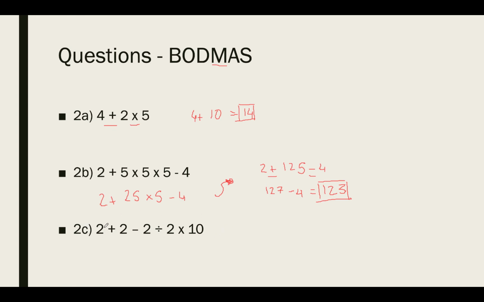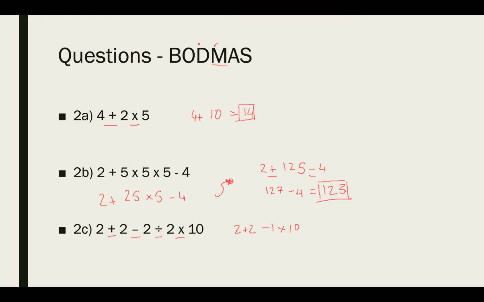Now part 2c, so now we have lots of different operators. We have 4 different ones: addition, subtraction, division, and multiplication. So the first one that comes up in BODMAS is division, so we do division first. Remember it's minus 2, so minus 2 divided by 2 is minus 1, and then we've got times 10, then 2 plus 2. So what comes next, is it multiplication, subtraction, or addition?